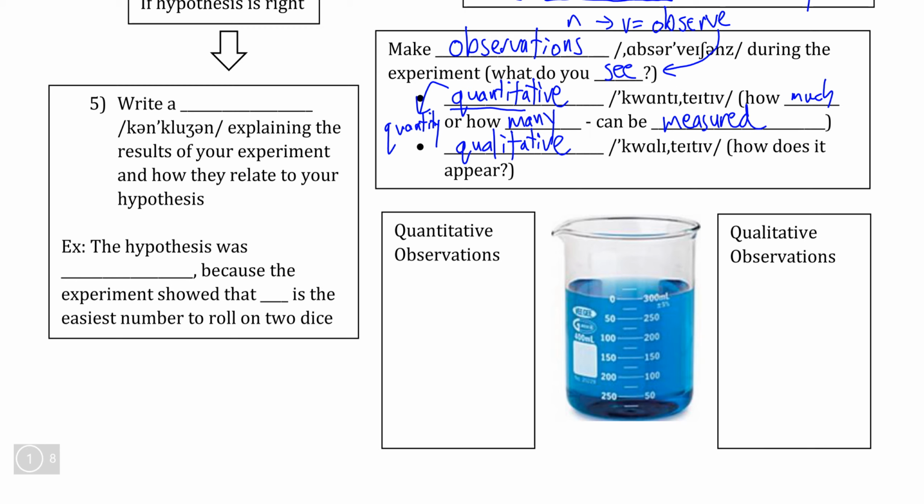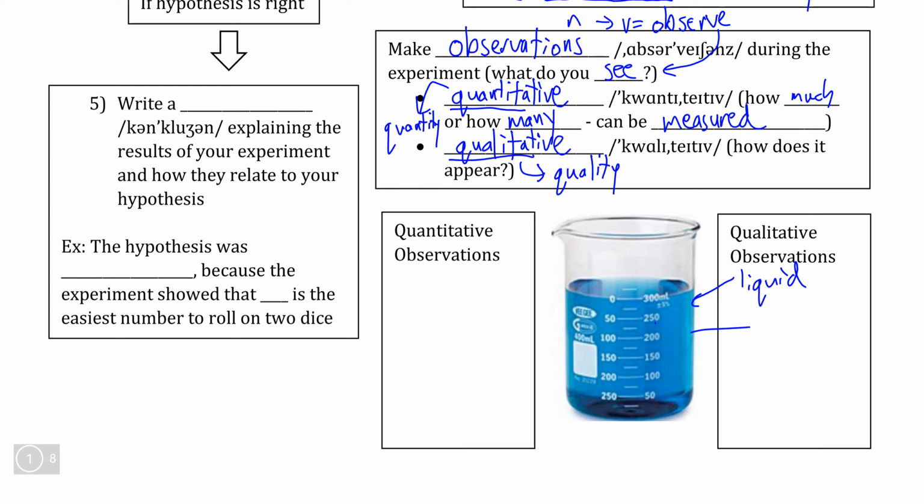And if we break this word apart, we can see the word quality within the word qualitative, which is describing the appearance without measured quantity. So if we were to make observations about this liquid in here, well, firstly, we can say that it is a liquid. It's not a solid or a gas. Now, we can't put a number to this, so this would be a qualitative observation.